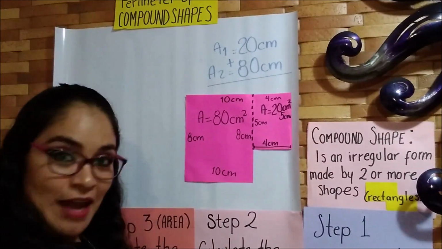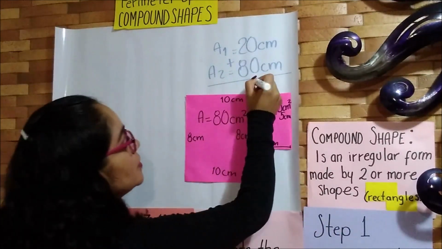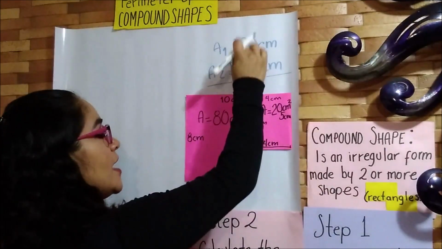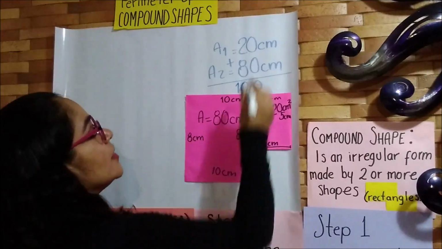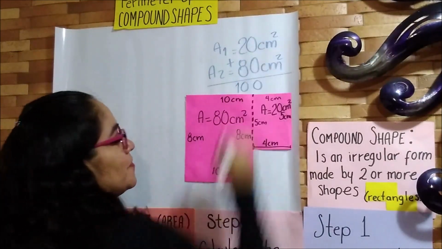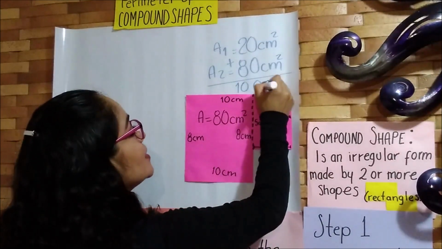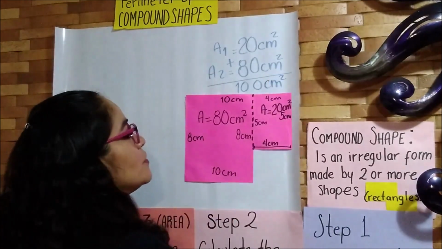We're going to make an addition. We're adding them together. So it's going to be 0 plus 0, 0, and 8 plus 2, 10. But remember, square units for area. So it's going to be centimeters squared.